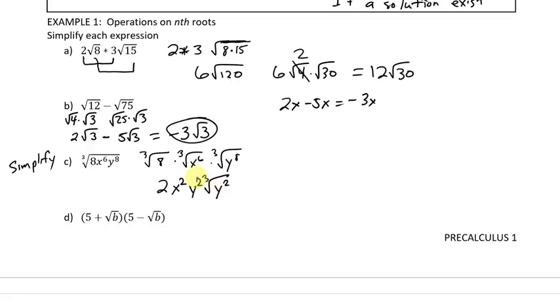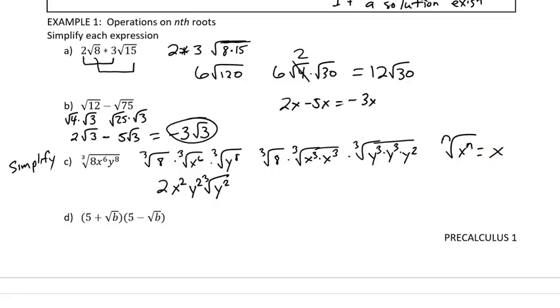And if you want to see that the long way, we would have this. We have x to the 3rd times x to the 3rd. And over here we'd have the cube root of y to the 3rd times y to the 3rd times y squared. And what we know is that the nth root of x to the n power, no matter what n is, is always going to equal x, because the nth root and the n on the inside just cancel each other out.